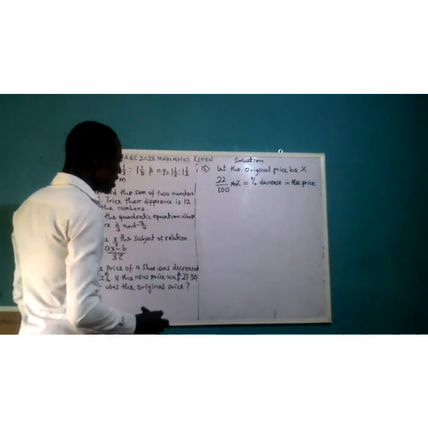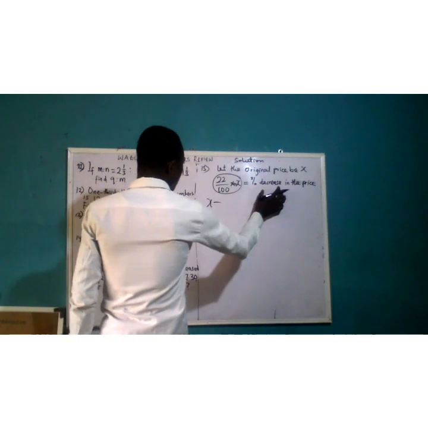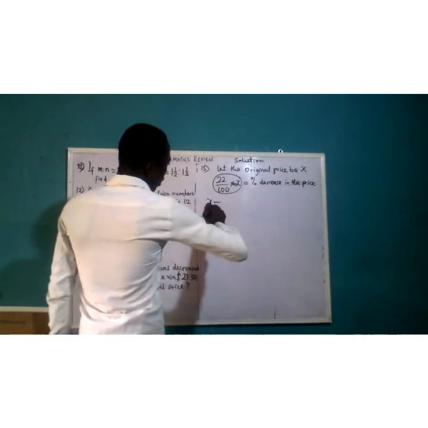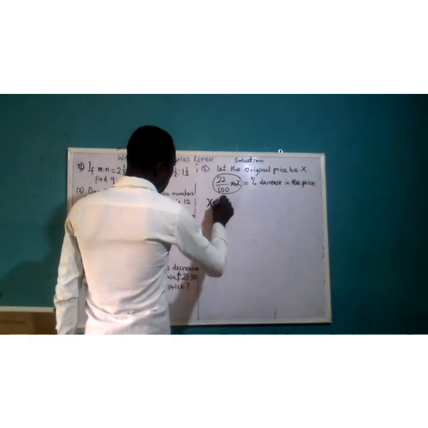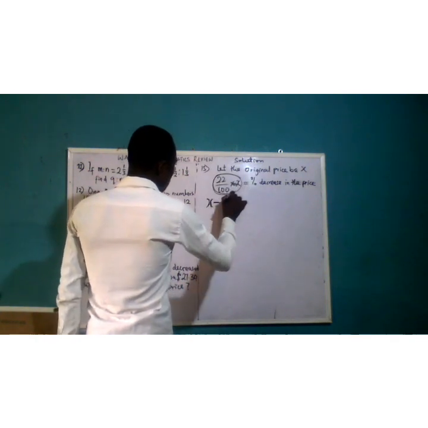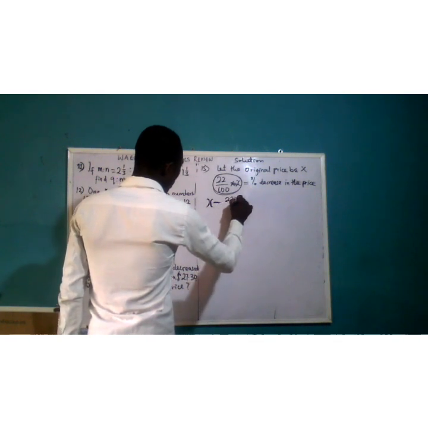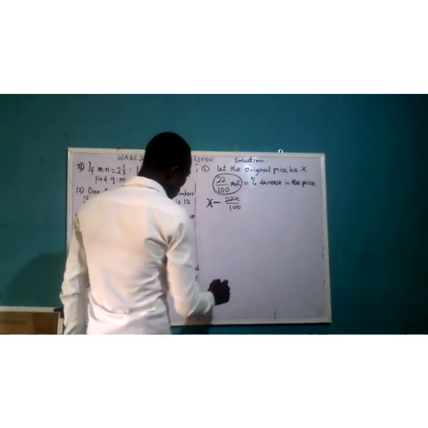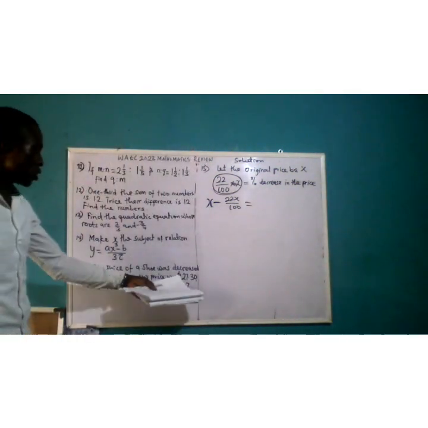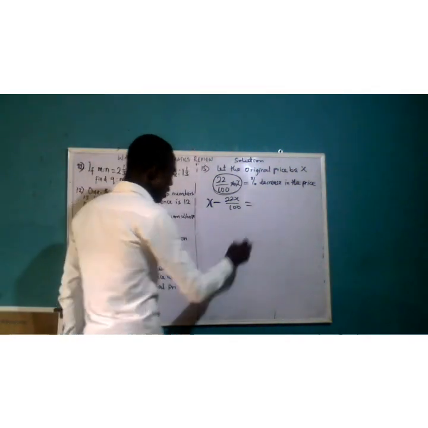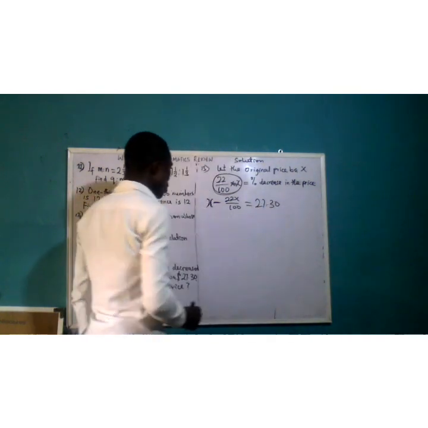If this is the decrease in the price, it means that the original price, which is x, minus the decrease in price, which can be written as 22x all over 100, will give us the new price. And the new price is already given in the question as $27.30.